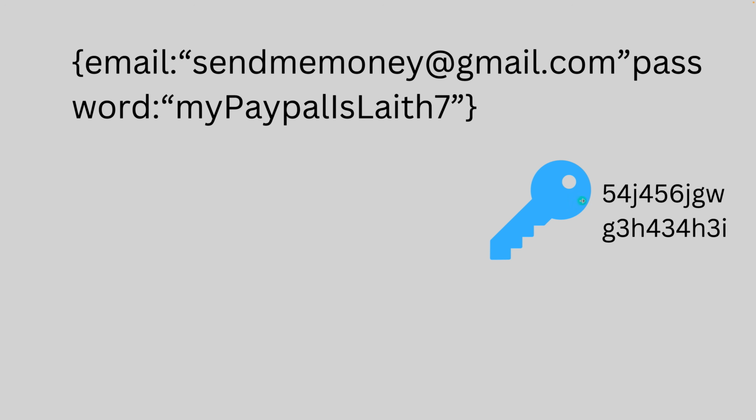And a key very simply is a string of characters. So you can see here, this key is this string of characters, and the characters are usually just random assortments of numbers as well as letters. Now what we can do is utilize this key as well as some sort of encryption algorithm.